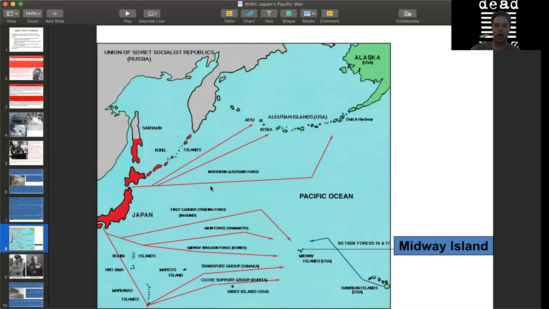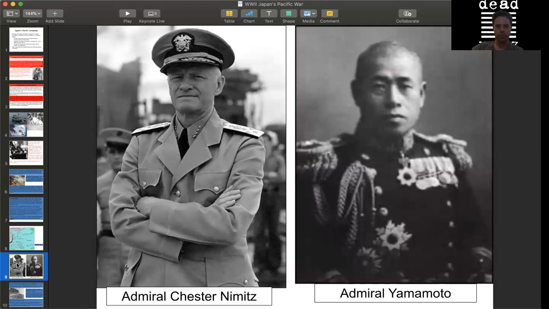There was one other attack on American soil besides the attacks on Hawaii, and those were the attacks on the Aleutian Islands here, an archipelago that comes off of Alaska. Those would be the only other attacks on American soil and North American soil during the Second World War. Now, here we go. On the left, we have Admiral Chester Nimitz, and on the right would be Admiral Yamamoto.